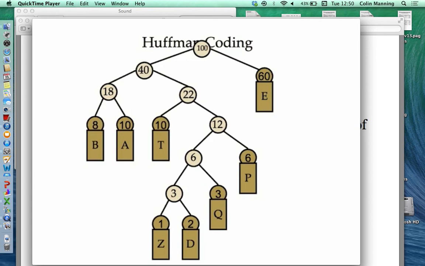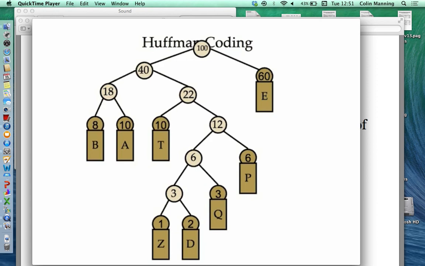They're the hardest ones to get to. And the frequently occurring characters are up at the top. The path from the root of the tree down to one of the branches will be shorter for the frequently occurring characters, and longer for the infrequently occurring characters.